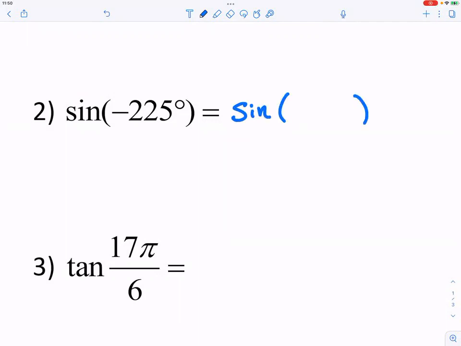Now, one thing I would suggest you do, especially for beginners, especially if you are not very confident, go ahead, draw the x and y axes, and think about what negative 225 degrees looks like. Which quadrant would it fall into? Quadrant 2. So it'll be somewhere right here. And this will give you at least some visual confirmation and say, oh yeah, it's right here.